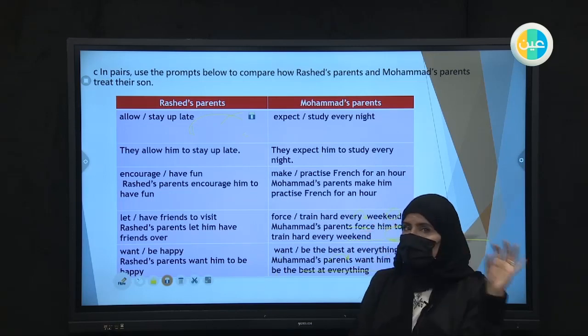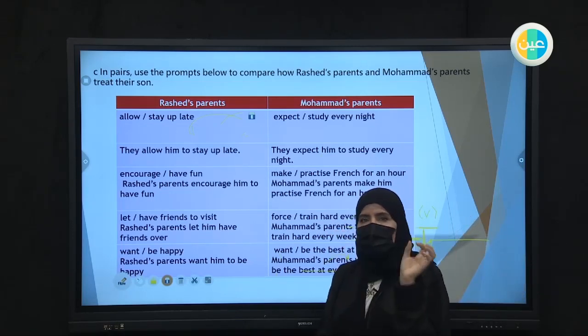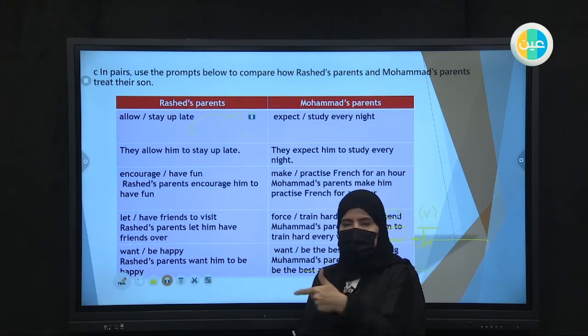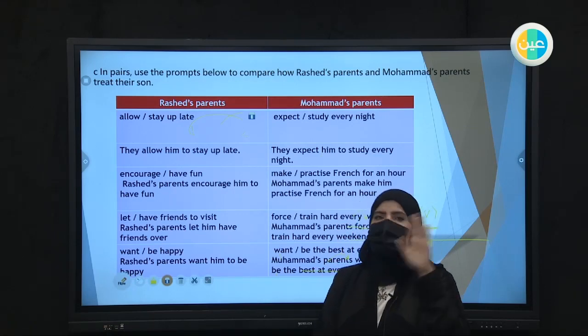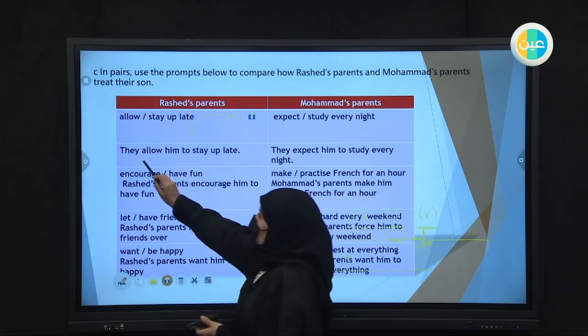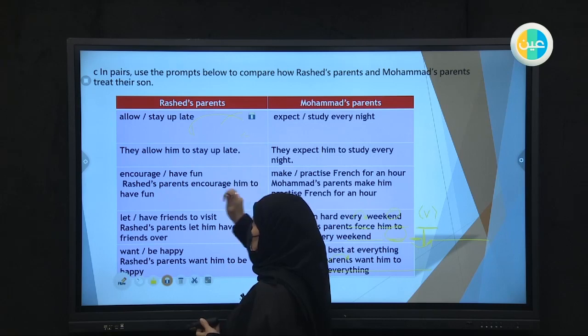So what is the pattern? In such exercises you always have to write the pattern, or the formulation: subject, then allow or encourage or force, then object, then to, then the verb in base form. So it will be like this: they allow him to stay up late.